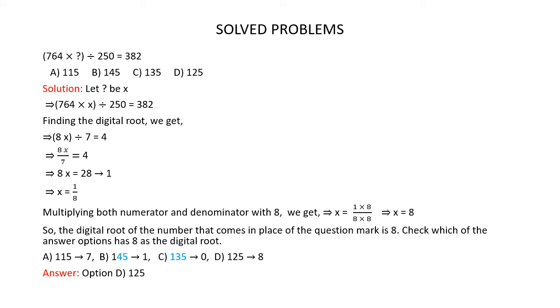So the digital root here is 0. Option D is 125. 1 plus 2 plus 5 is 8. So the digital root is 8 here. So when you look at these options, you'll see that the number in option D has a digital root as 8. So the correct answer is option D, 125.